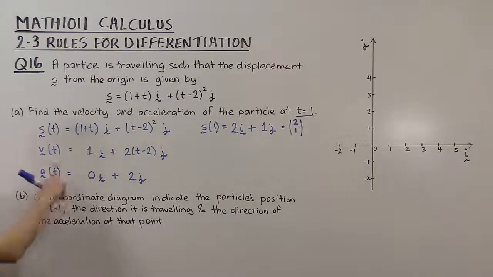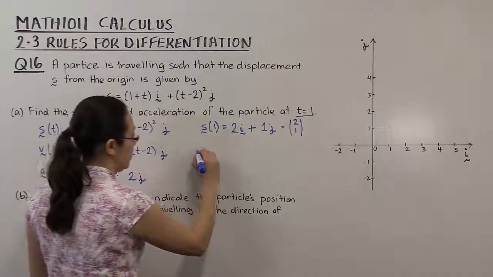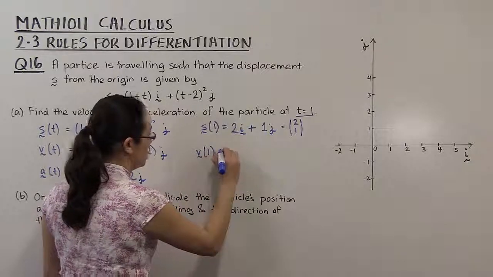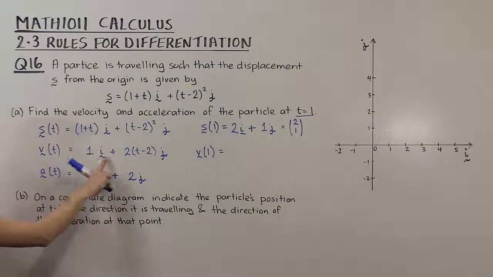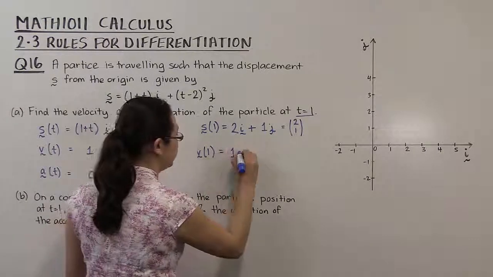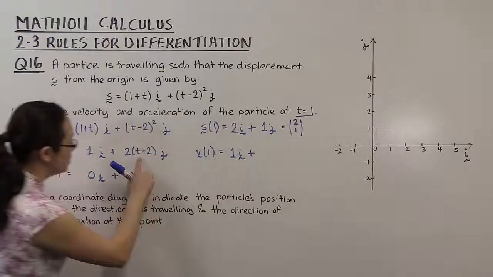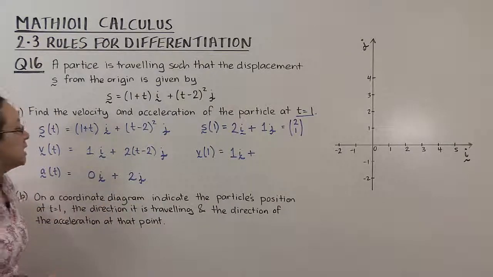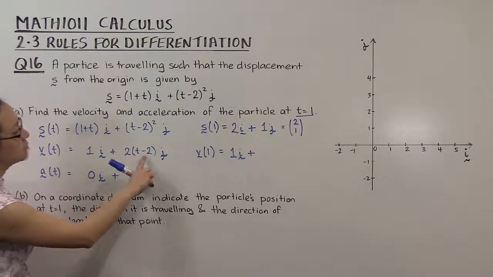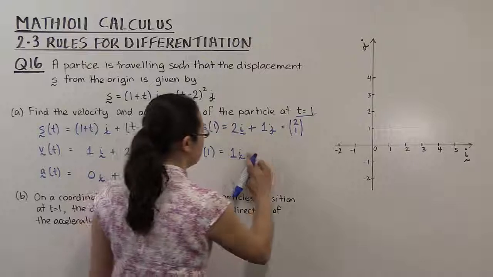The velocity at time t equals 1, there's nothing to plug t equals 1 into here, it's 1i. Plus, when I plug t equals 1 into here, I get 2 lots of −1, which is −2.